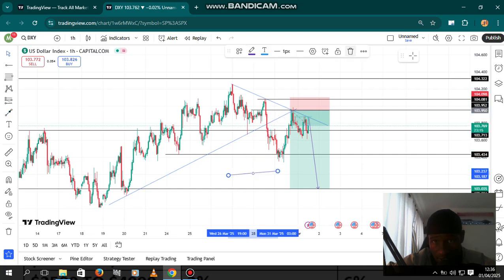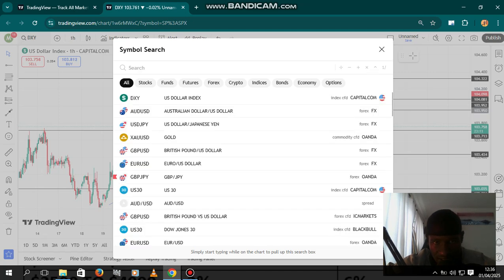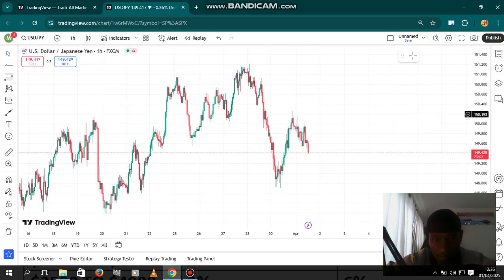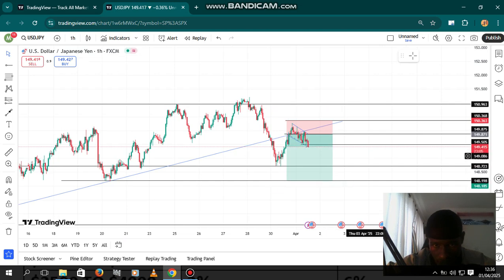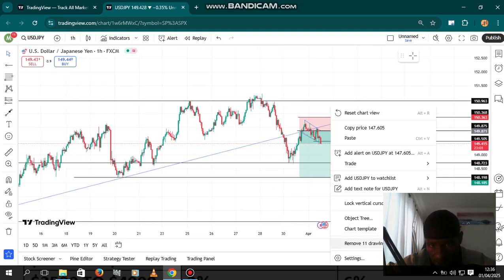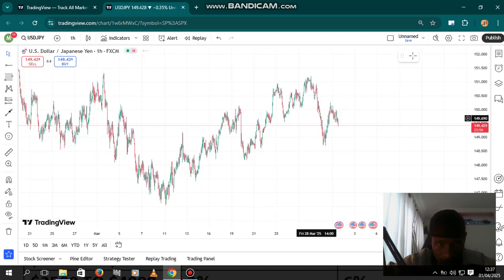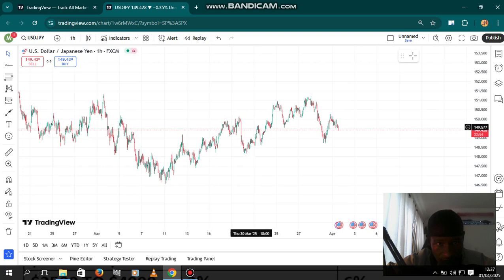So let's quickly go on USDJPY. USDJPY most of the times is like the dollar. So let's see how it looks. I already analyzed it, but we can start this one so that we are clear on what type of setup we go for.